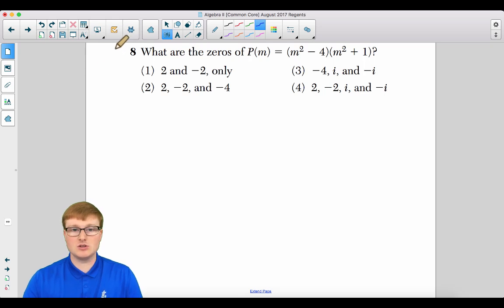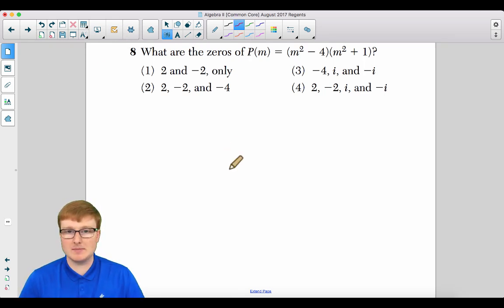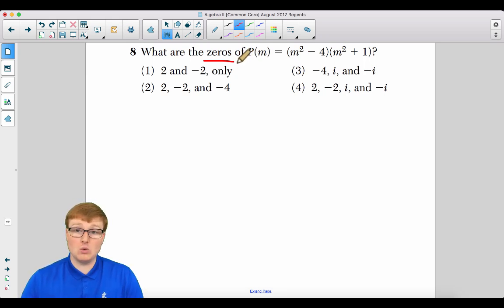Moving on to number 8, what are the zeros of P of m equals m squared minus 4, m squared plus 1? So, basically it says find the zeros. You're finding the roots. Actually, I'm sorry, in this case, it's not a quadratic, it's a quartic function. So all you're doing is setting everything equal to 0. Fine, we know how to do this.